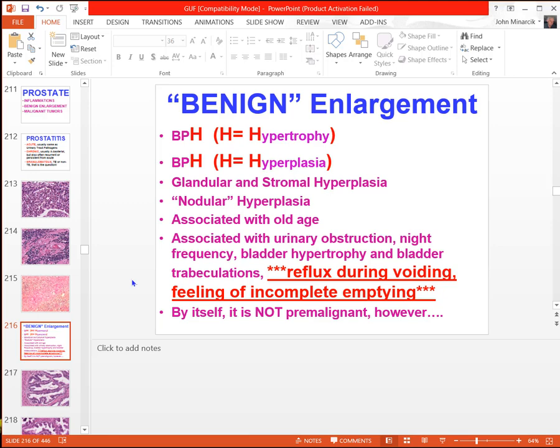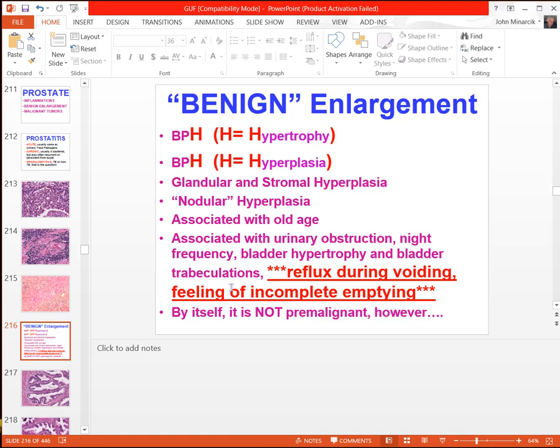Oh, we've already said this twice, but I think I wanted to emphasize it again, is the clinical symptom of enlarged prostate, which could be hyperplasia or these other terms used, hypertrophy, stromal, glandular, nodular, whatever. First of all, we said twice already, you have reflux into the ureter during the voiding because of the increased pressure in the bladder.